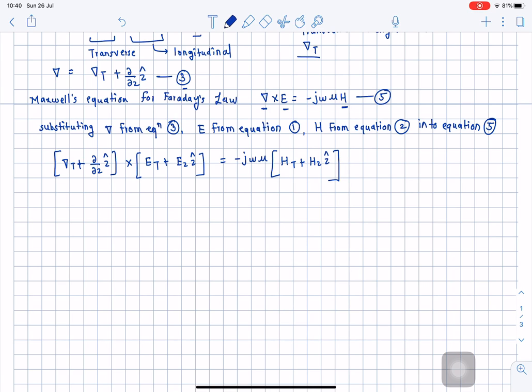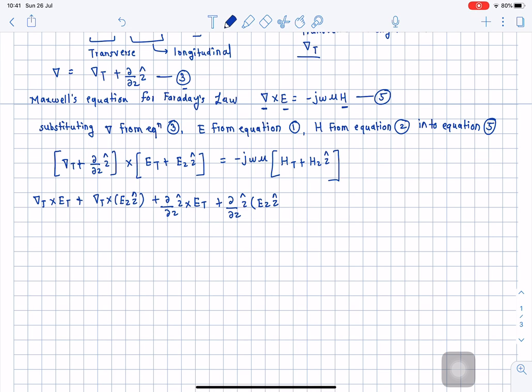Now you simplify this particular equation and take the multiplication on the left hand side. So when we simplify, del of t cross Et, plus del of t cross Ez z cap, plus ∂/∂z of z cap cross Et, plus ∂/∂z of z cap cross Ez z cap.